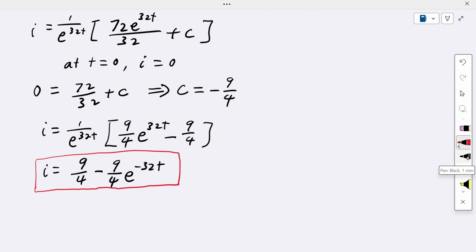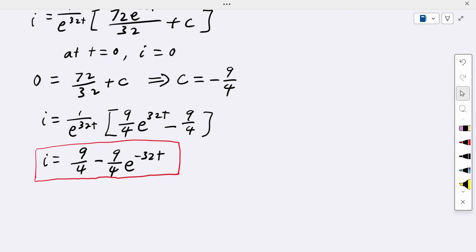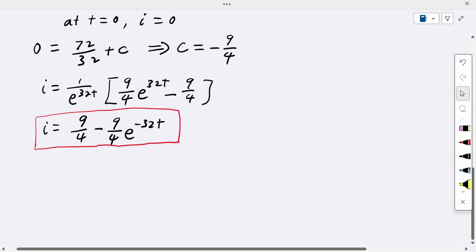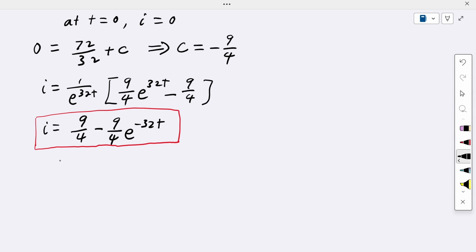In this expression, we can see we have two terms. The first term is 9 over 4, and the second term is minus 9 over 4 exponential minus 32t. This minus 9 over 4 exponential minus 32t is called a transient term.